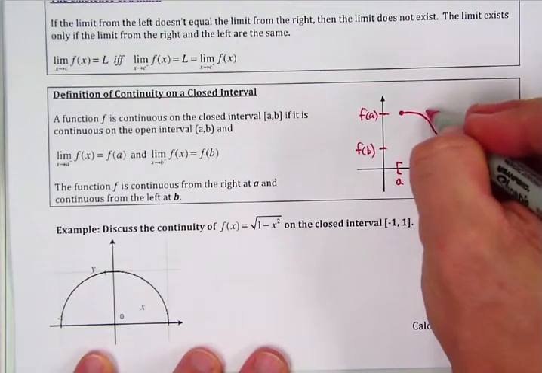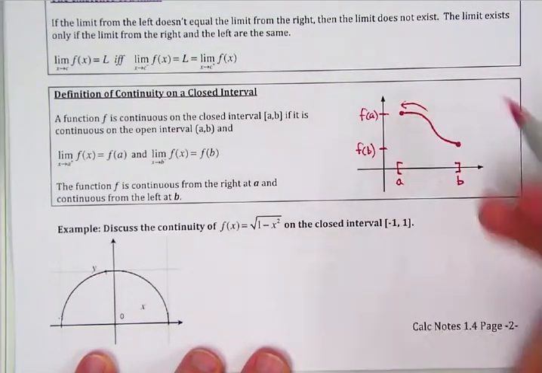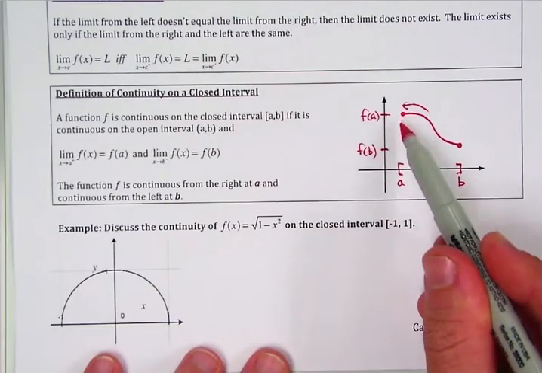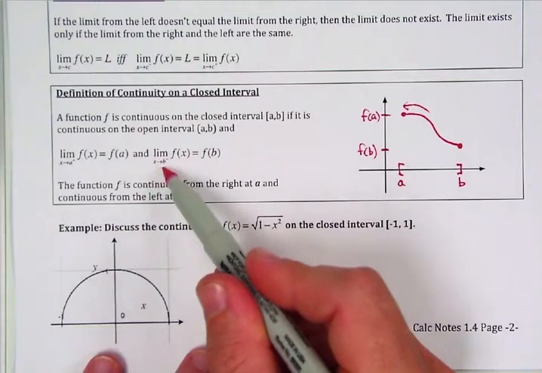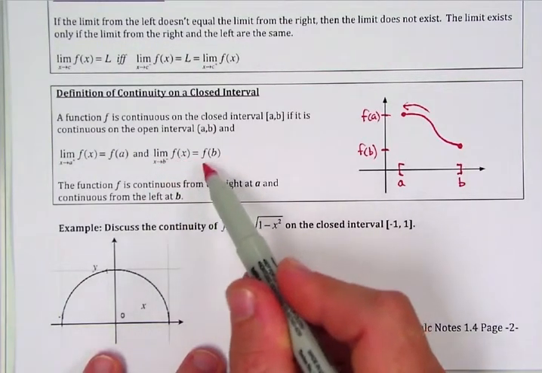Meaning, as we're approaching here from the right side, we can use direct substitution and find that limit of f of a. And the limit as x approaches b from the left side of f of x equals f of b.